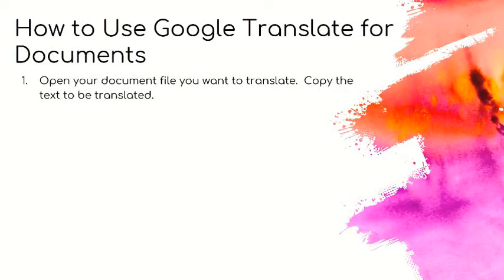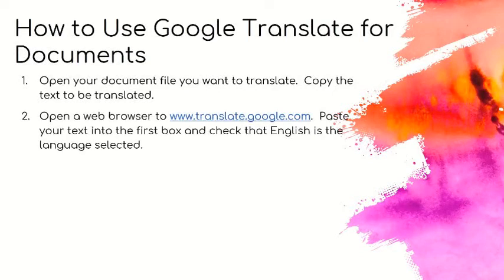First, you would want to open up your document that is in English that you want to translate. Find the text you want to translate and copy it. Open a web browser, such as Google Chrome or Safari, to this website. Paste the text you copied into the first box and make sure that English is the language selected.